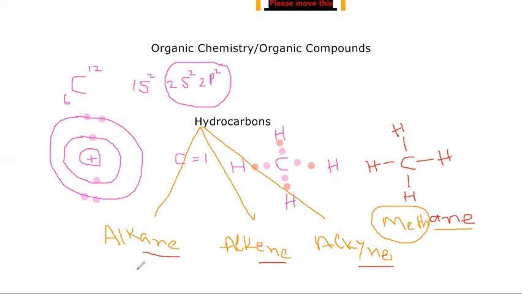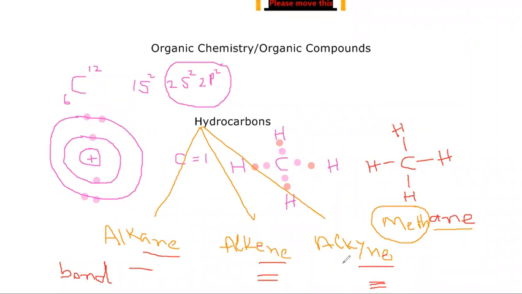If all the bonds between the carbons are single bonds, this is called the alkane. And if any one double bond is present between carbon and carbon, then it is called the alkene. And if a triple bond is present, then the molecules are called the alkyne.